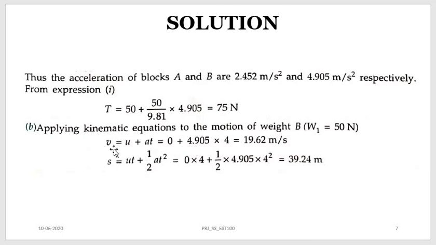The acceleration of the first block we have calculated as 4.905. Substituting t as 4, the velocity after 4 seconds is 9.62 meter per second. Similarly, the displacement S is given by the equation ut plus half at square, which yields a displacement after 4 seconds equal to 39.24 meter.